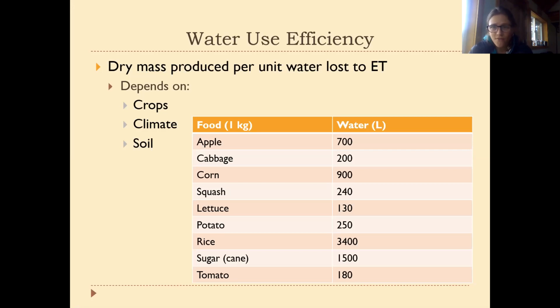So from a water use perspective, they're not very efficient crops to grow. And corn has a relatively higher water use demand as well. So anyway, we can think about how we want to use our water by choosing which kinds of crops we might be interested in growing.